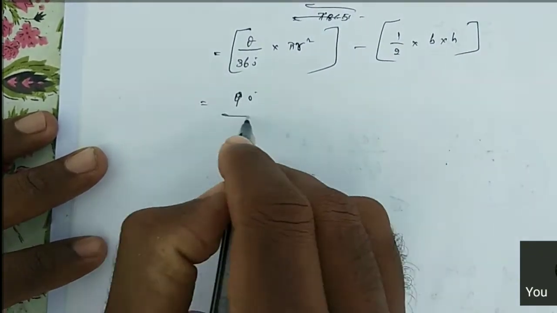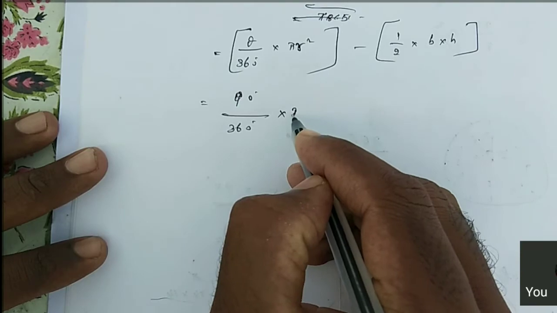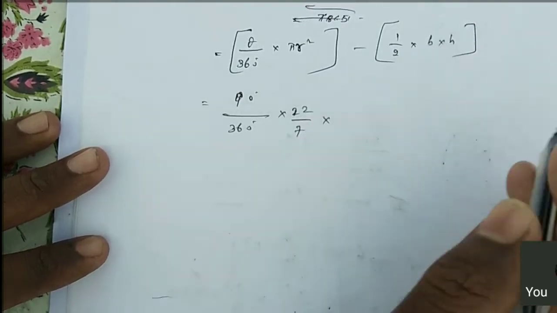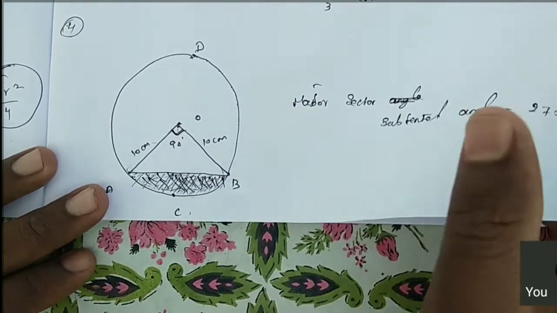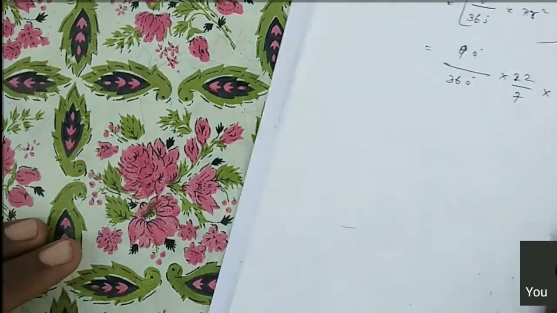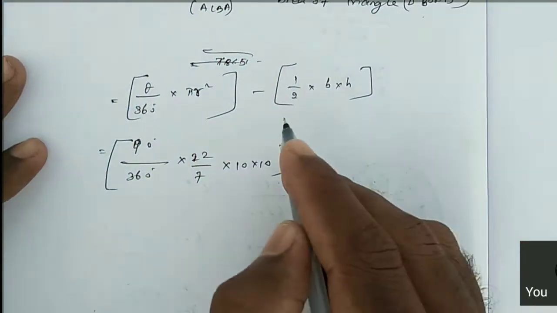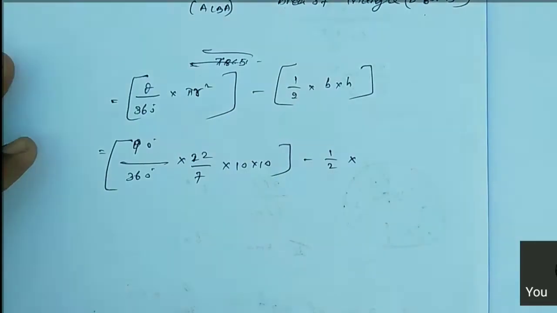So 90 divided by 360 into pi, 22 by 7, into radius. The radius is 10 centimeter. So 10 into 10, minus 1 by 2 into b into h.